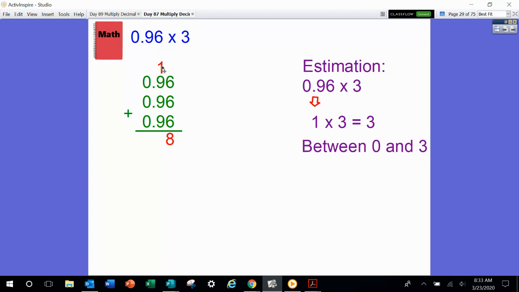Okay, let's keep adding. 1 plus 9 is 10. 10 plus 9 is 19. 19 plus 9 gives me 28. So now I have 2 ones and 8/10. 2 plus 0 plus 0 plus 0 is 2. Bring down that decimal point. Is my answer between 0 and 3? Yes, so my answer makes mathematical sense.